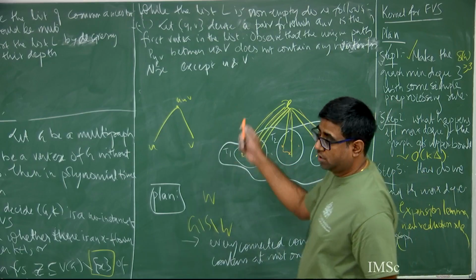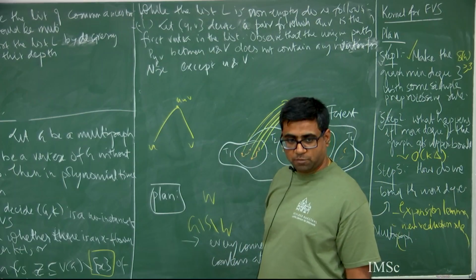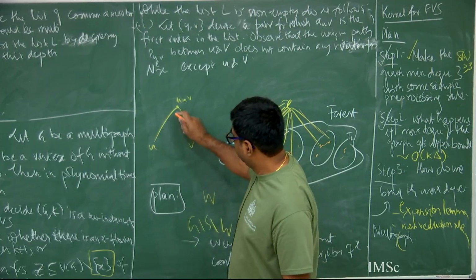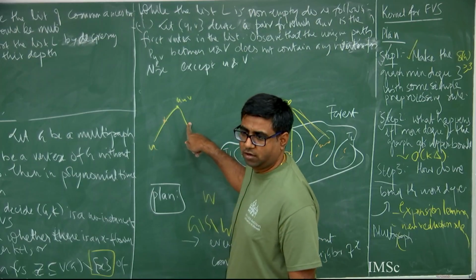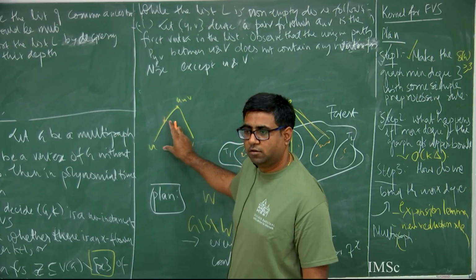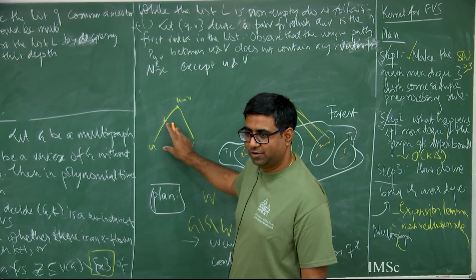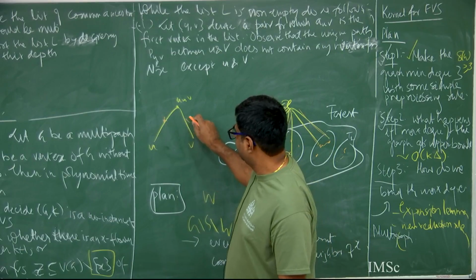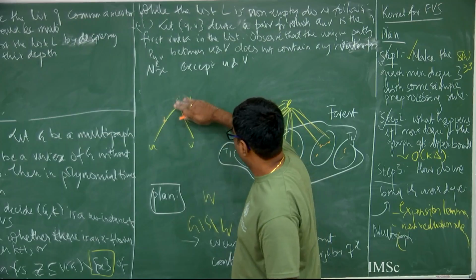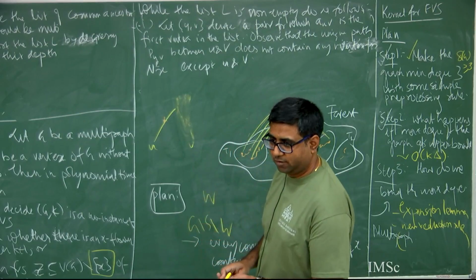Suppose there is some other vertex from your neighborhood on this path. That vertex is here or here, it doesn't matter. If it is here, then what about this pair? It has larger depth, so I would have taken this one instead. Same argument here. So at least in this case, it cannot be.